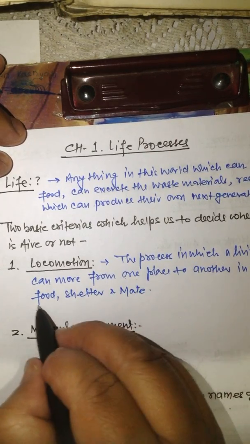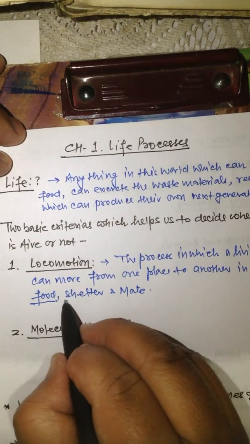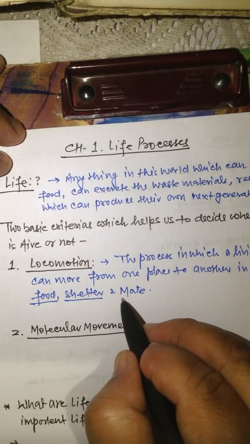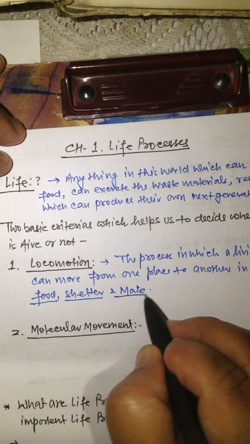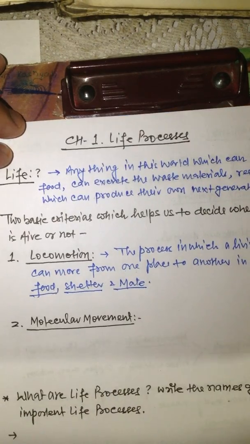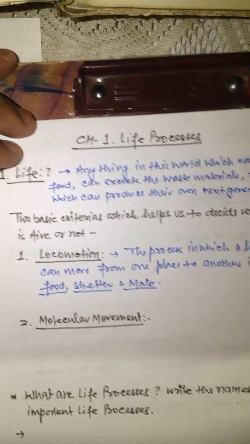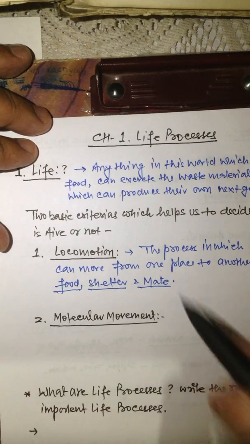Food means something to eat, shelter means protection from the environmental conditions, and mate means opposite sex, which is required for reproduction of the next generation, right?